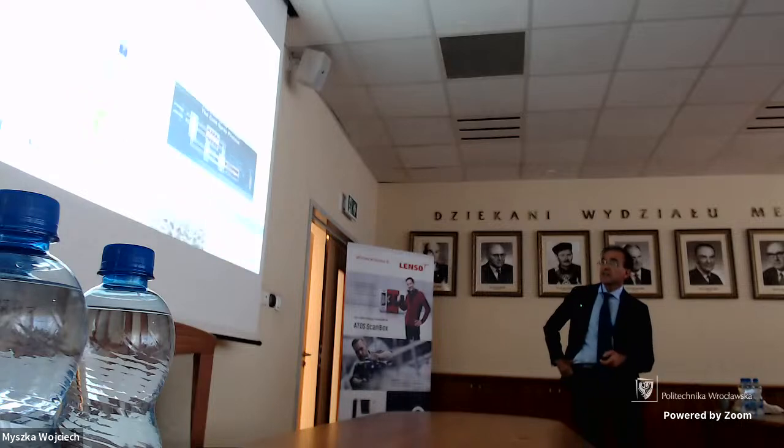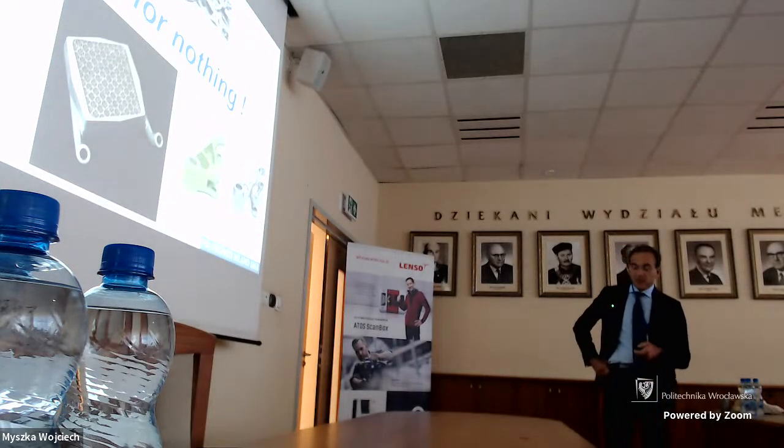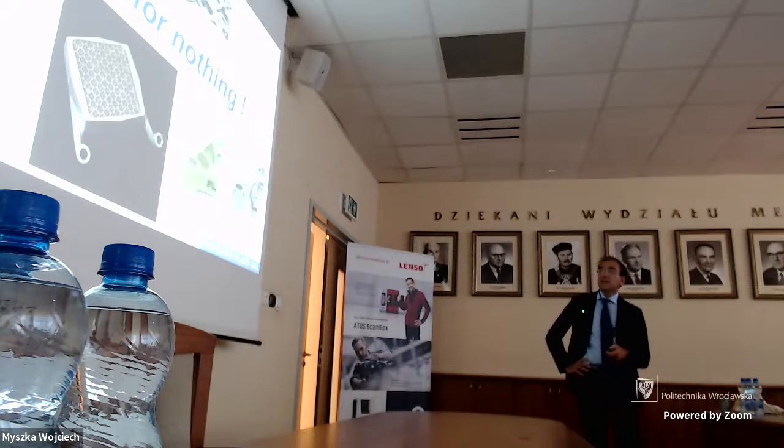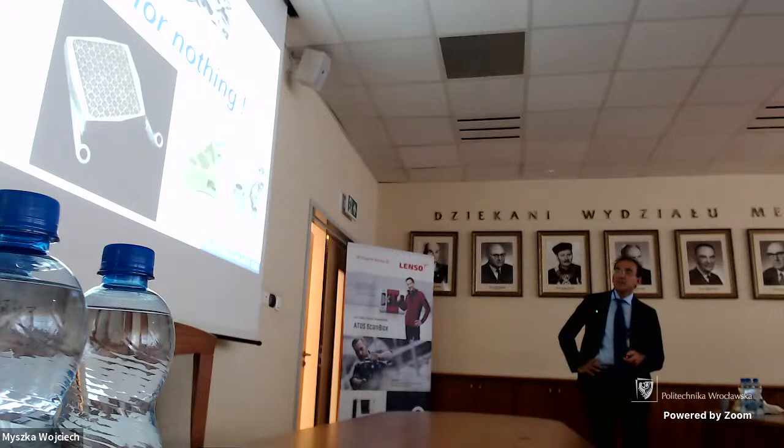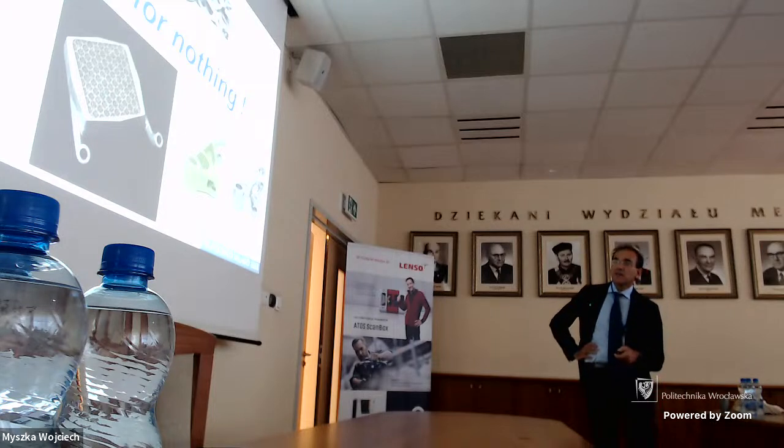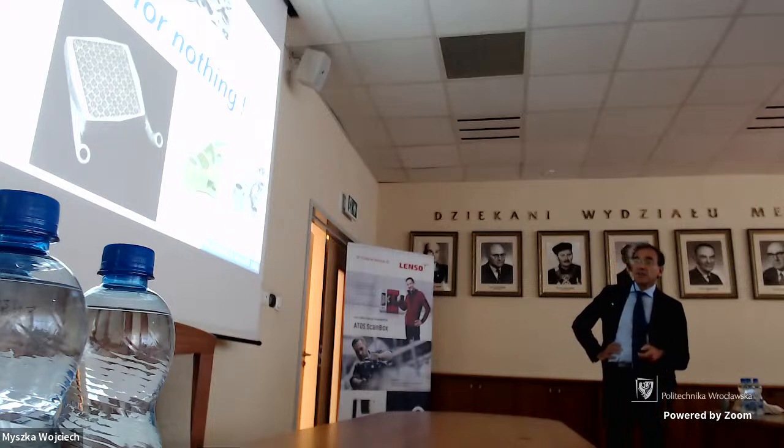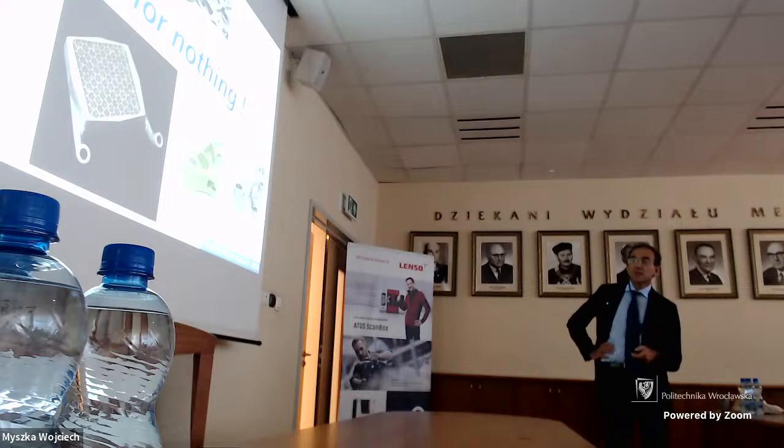Anyway, whatever the process, this is the motto of additive manufacturing: freedom for nothing. What does it mean? It means that by a proper design of the part, we can get light parts with optimized shape, like in this case, where we have a topologically optimized part, much lighter than the one we can get with traditional processes.